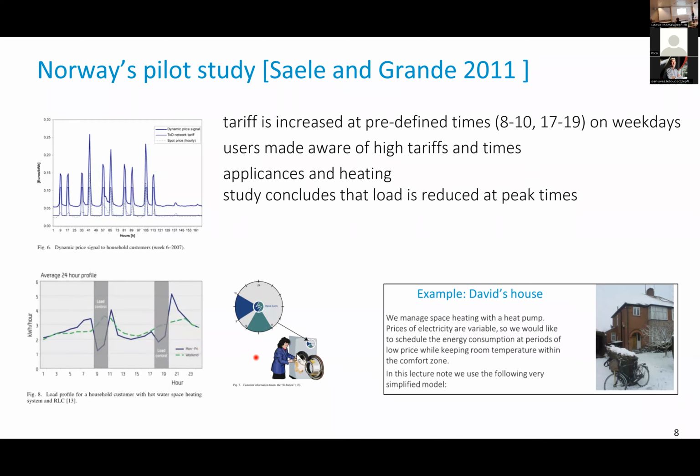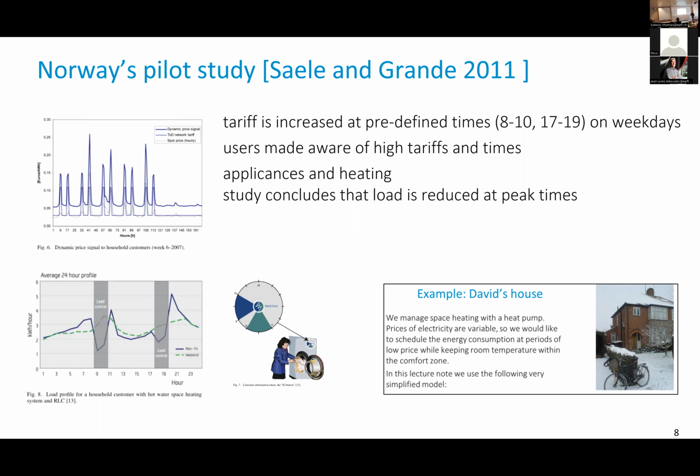You rely on users, so they distribute to users stickers that they put on their washing machines, for example, and then you are reminded that if you start your washing machine now, there is a risk that the price is very high. So perhaps if your washing machine has a timer, you let the timer start it a bit later. That's an example. And I give a reference here that concluded that it did have a visible effect on reducing the load at the peak times.